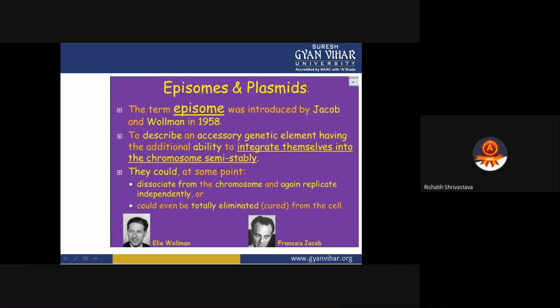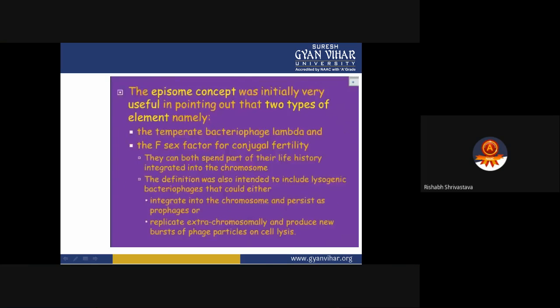We can see Elie Wollman and François Jacob in the images below. The episome concept was initially very useful in pointing out that two types of elements, namely the temperate bacteriophage lambda and the F sex factor for conjugal fertility, can both spend part of their life history integrated into the chromosome.